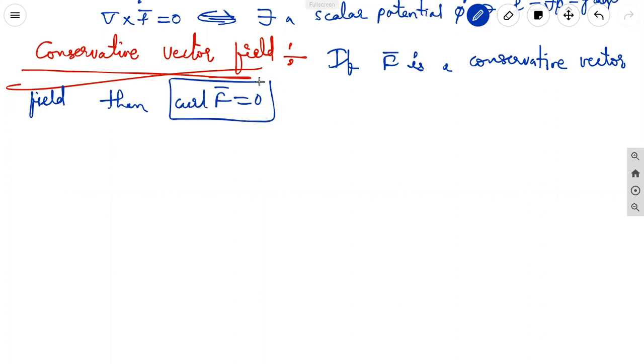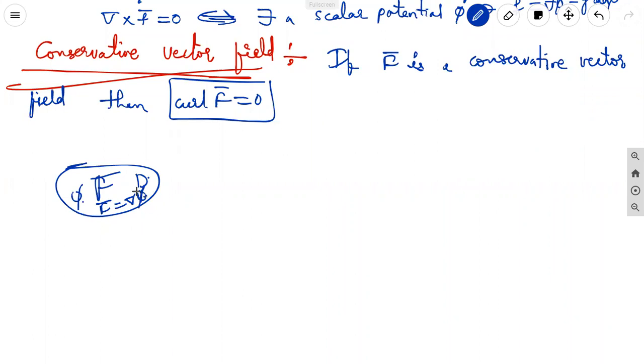When defining the conservative field, let D be a set of points in a plane, any plane, and capital F vector is a vector field in that domain. There exists some real function phi such that F vector is equal to del phi. So here phi is nothing but the potential function.